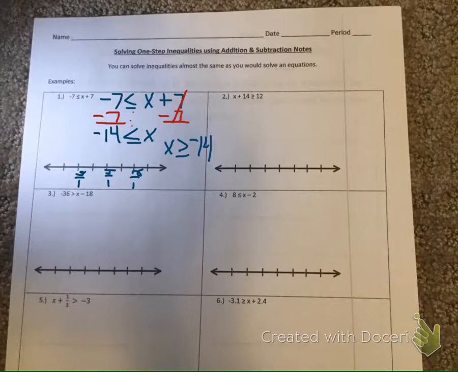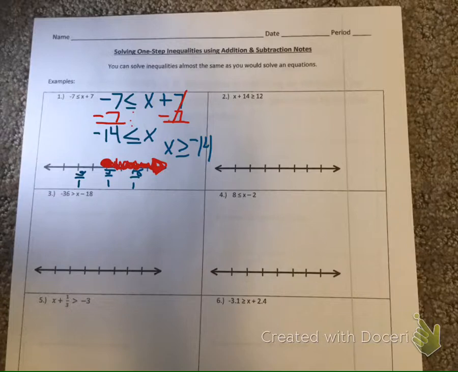So I'm going to do a closed circle on my -14, and it would be everything greater than -14, so it's all the numbers to the right of -14. And I'm going to make that line real bold so it's obvious, and everything to the right when I graph that.